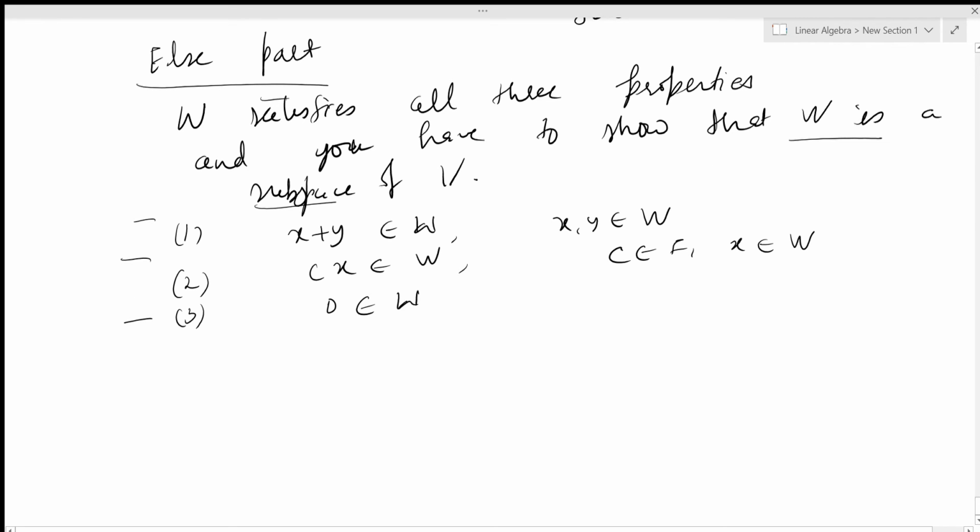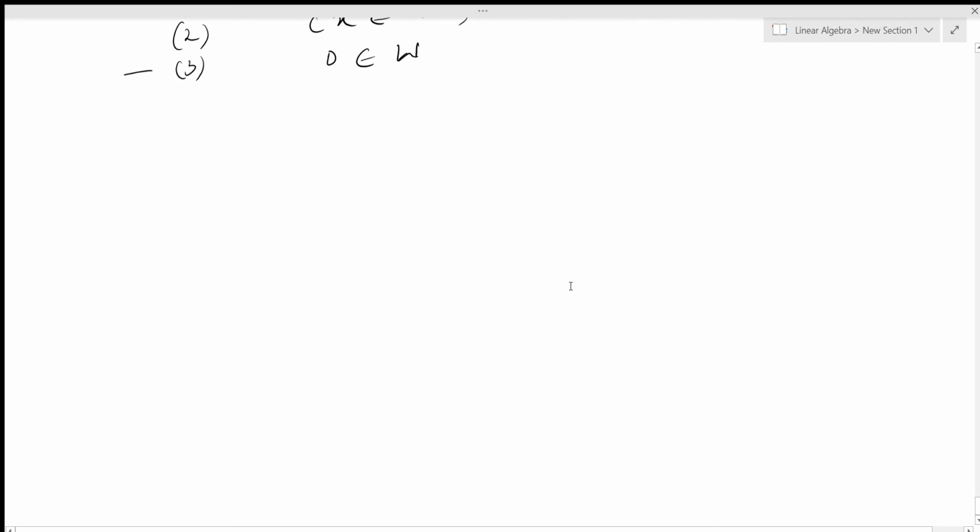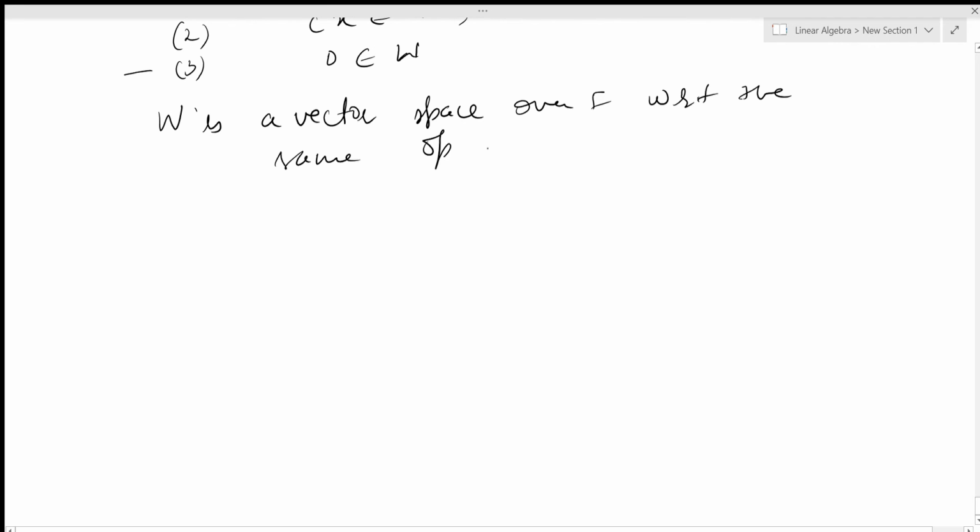So W satisfies these three, and we have to show that W is a subspace. In order to show that, what do we have to prove? We have to prove W is a vector space over F with respect to the same operations defined on V. So we have to prove all the 8 properties.